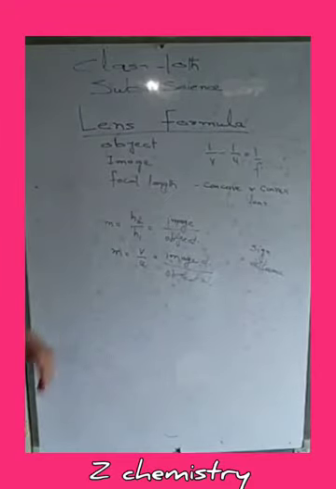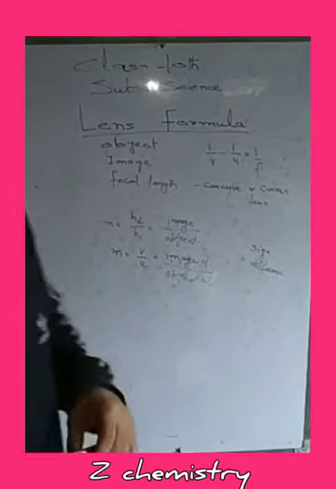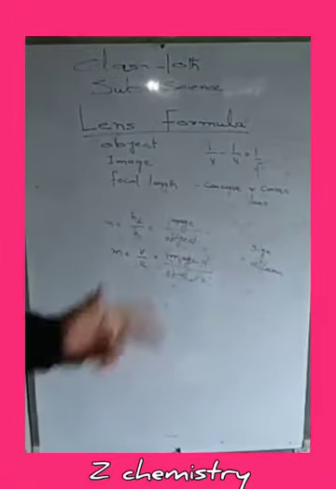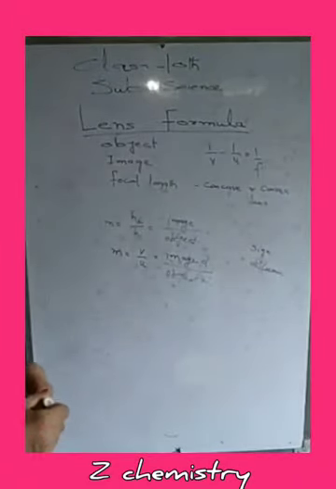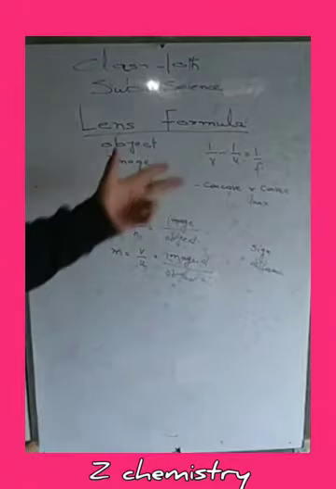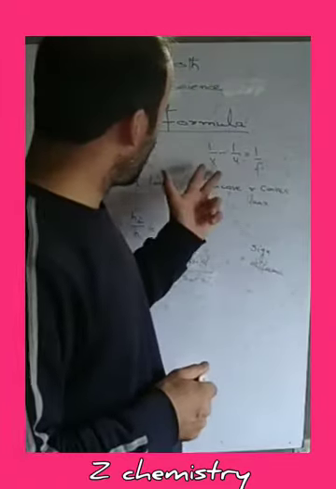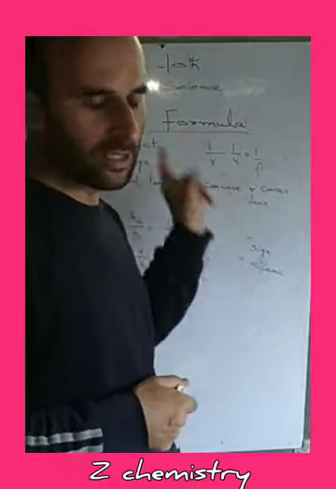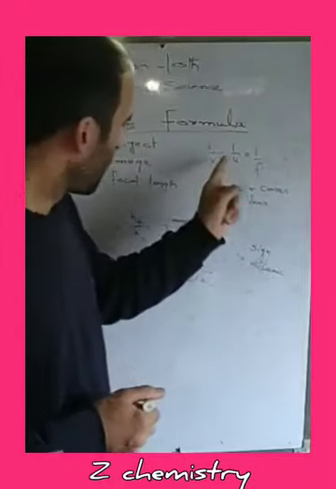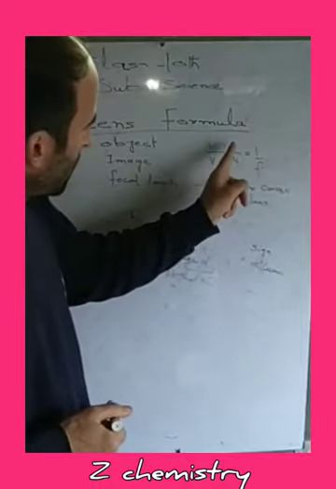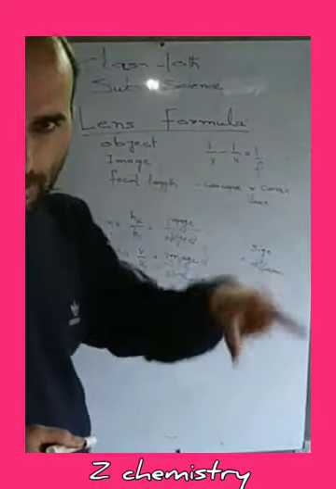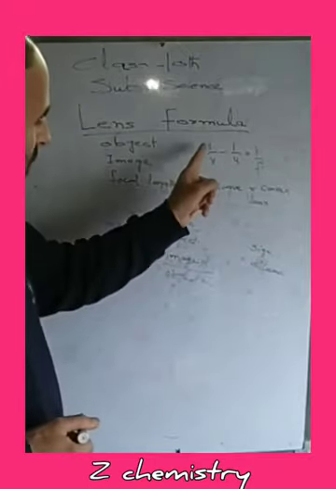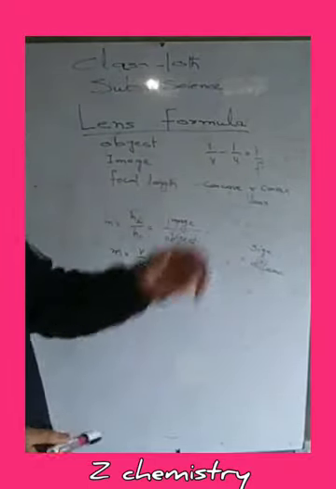And this lens formula is different from the mirror formula only in its sign. In case of the mirror formula, we show 1 over v plus 1 over u is equal to 1 over f, whereas here it is 1 over v minus 1 over u is equal to 1 over f.